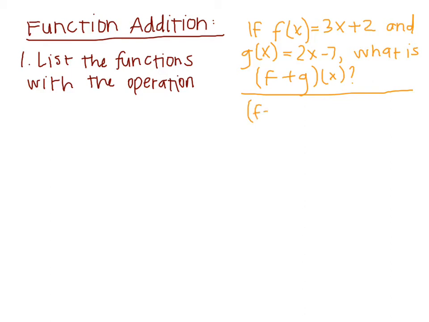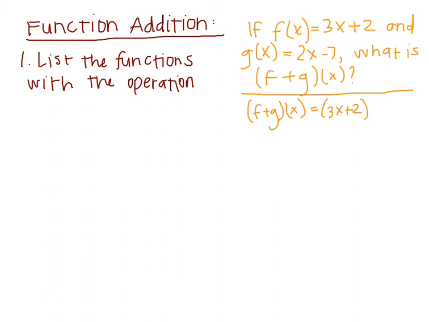So (f + g)(x) equals, function f was represented with 3x + 2. So I'll start out with 3x + 2. Now over here in function notation, it tells me we're going to do function f plus function g.